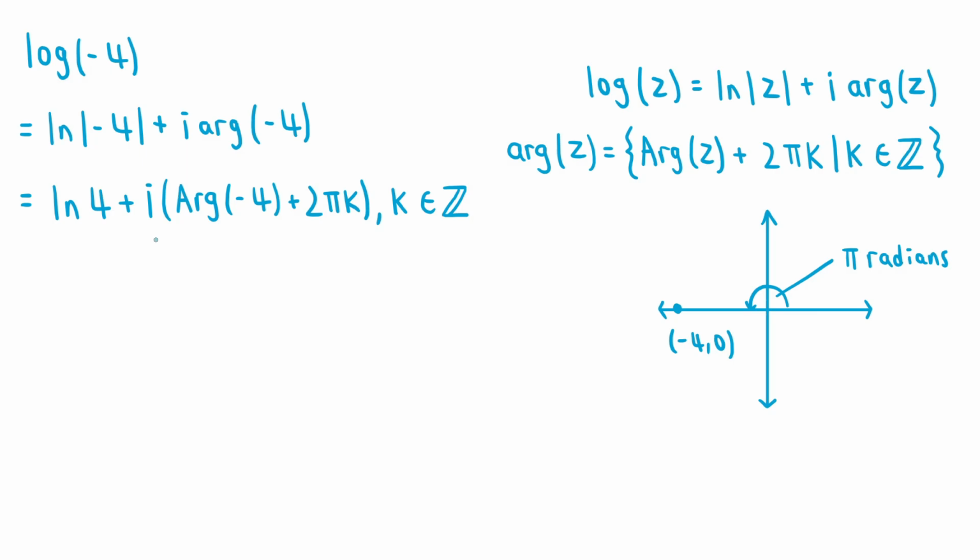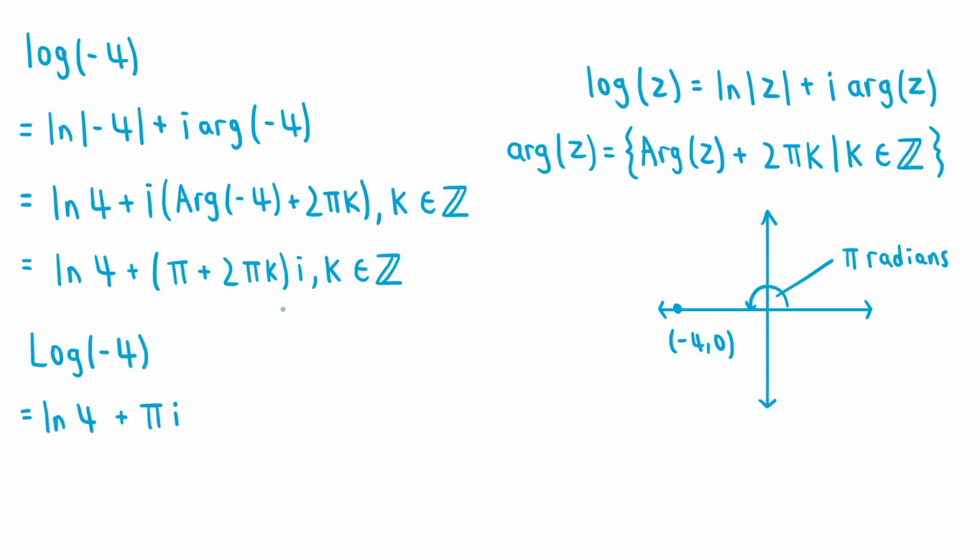So the expression becomes ln of 4 plus i times Arg of negative 4 plus 2 pi k for all integer values of k, and keep in mind, this is the principal argument function, Arg z, with a capital A. So since the principal argument of negative 4 is pi, as mentioned earlier, the expression is equal to ln of 4 plus parentheses pi plus 2 pi k times i for all integer values of k. So these are all the possible values for log of negative 4.